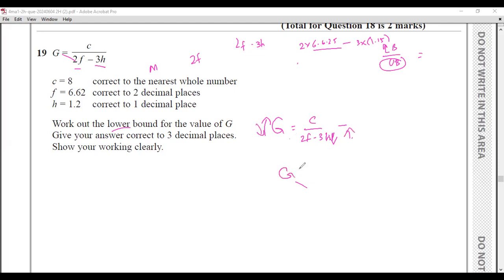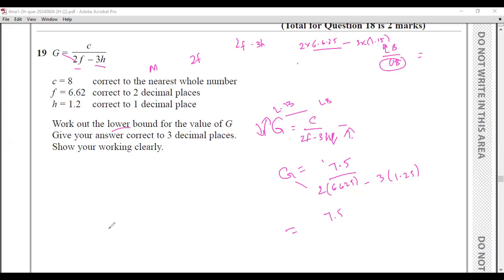And in direct proportionality, if I want lower bound, I should take lower bound here also. So lower bound of C is 7.5, and 7.5 divided by 2 times 6.625 minus 3 times 1.25. If you do, you will get your answer.